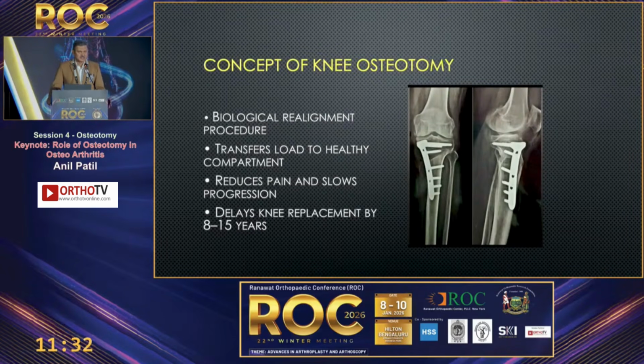Normally 70% of the load passes through the medial compartment. When there is a lateral meniscus tear and you have done a lateral meniscectomy, you see very early degenerative changes on the lateral side. Why? Because the load shifts to the lateral side, and that causes early degenerative changes in the lateral compartment.